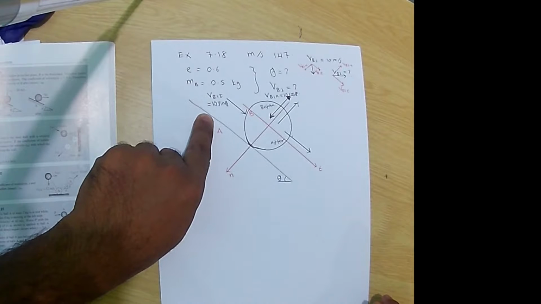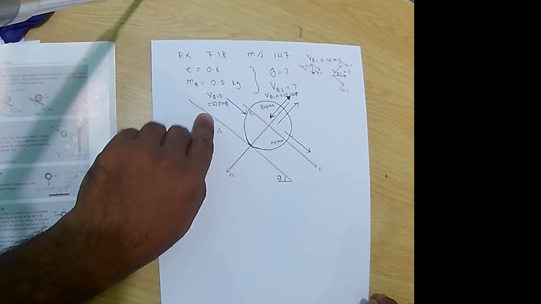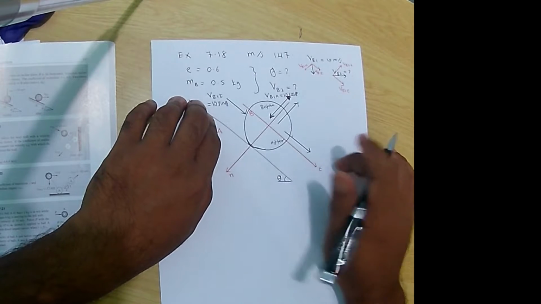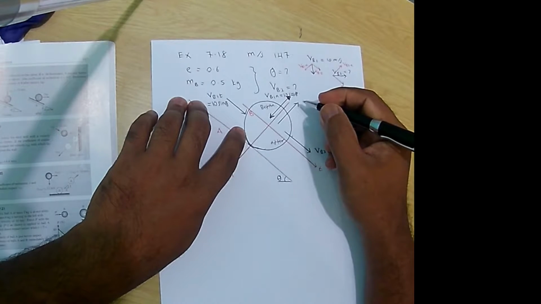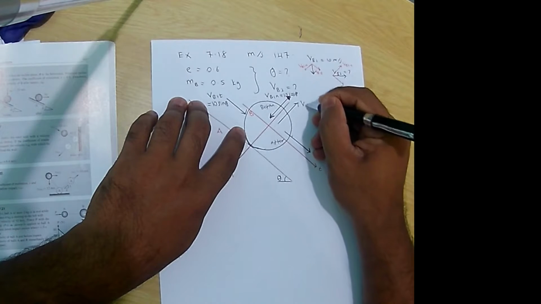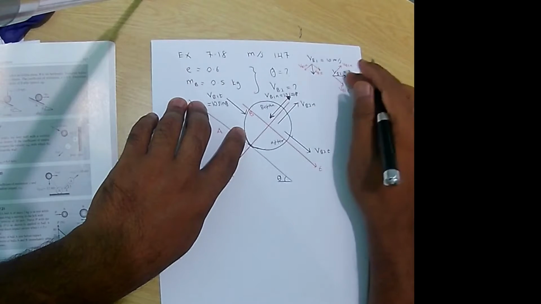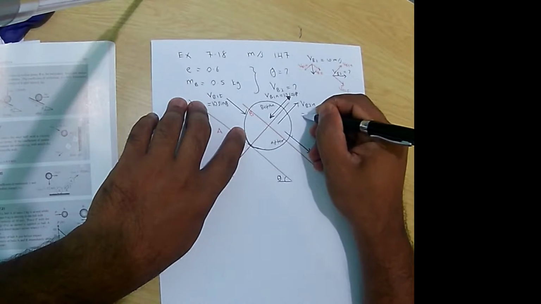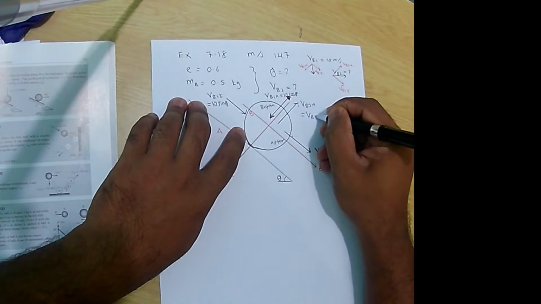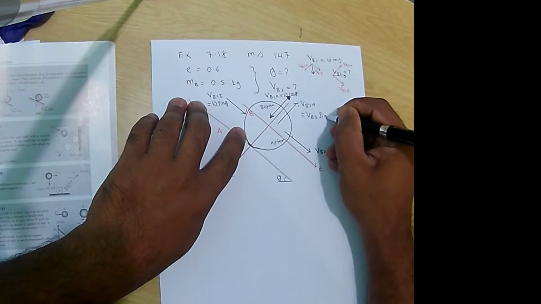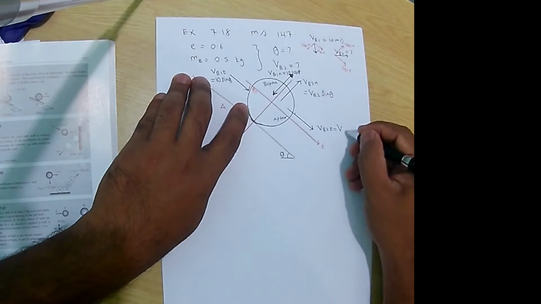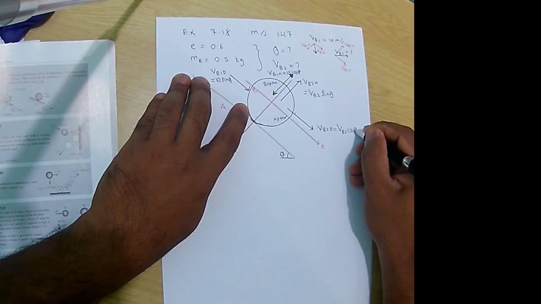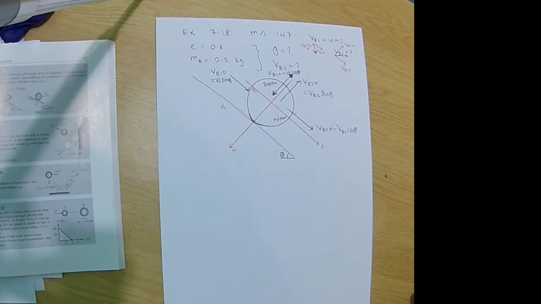After impact, we will have VB2T and VB2N. So this one is equal to VB2 sin theta, and this one is equal to VB2 cos theta. Now we have resolved and labeled all the known velocities.